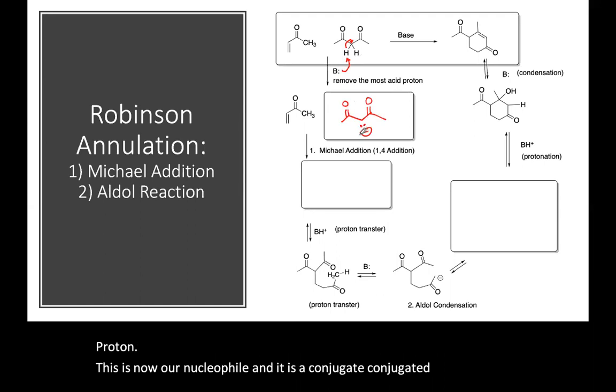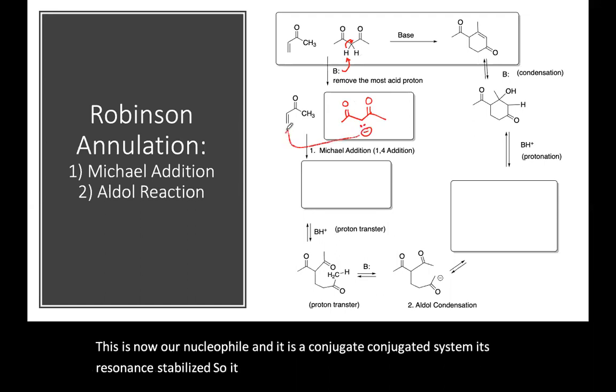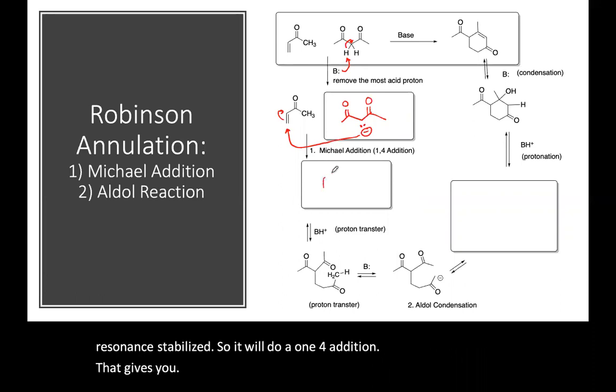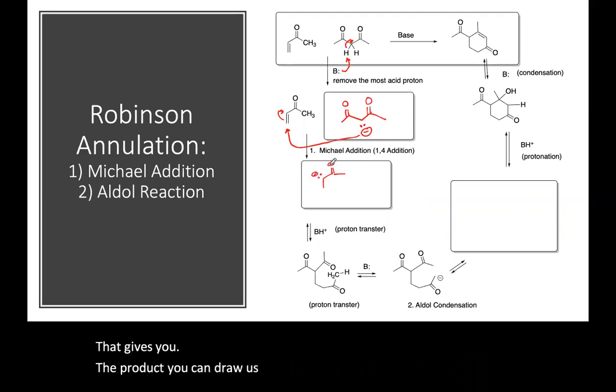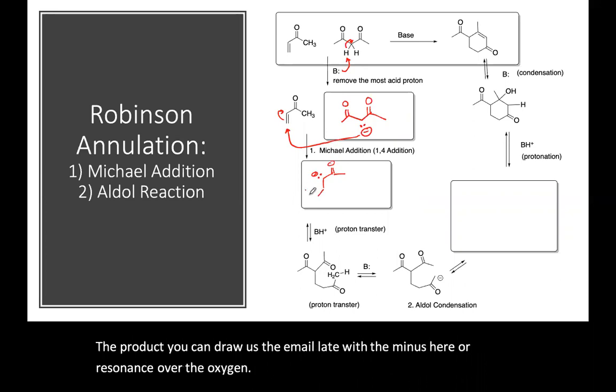It's resonance stabilized, so it will do a 1,4 addition. That gives you the product. You can draw it as the enolate with the minus here or resonance over the oxygen.